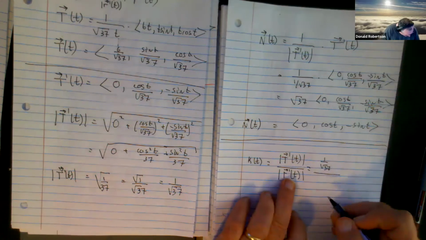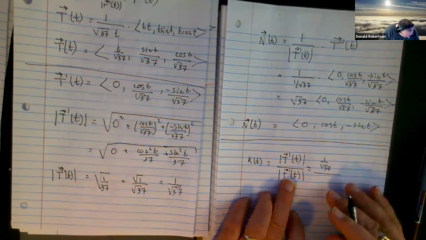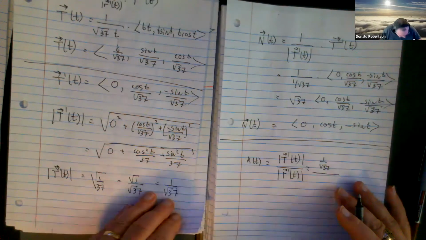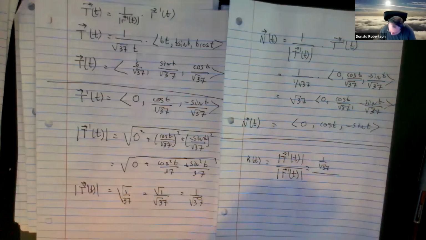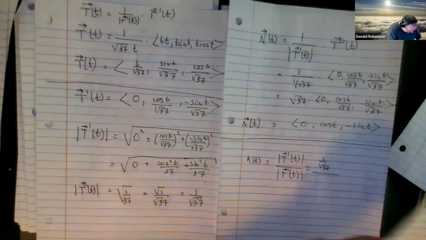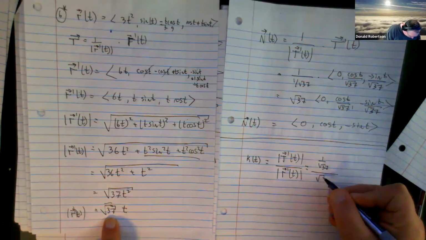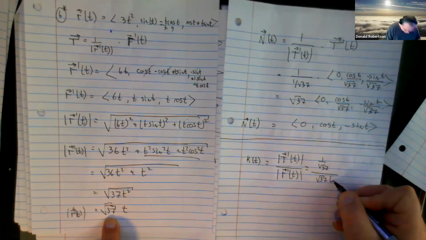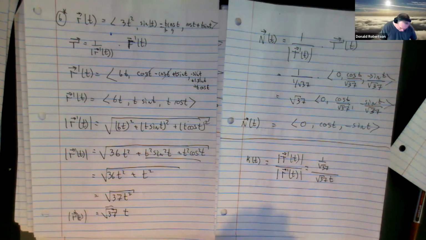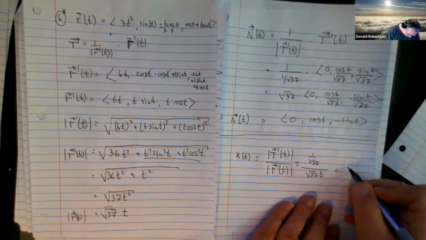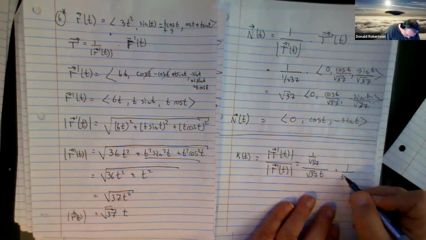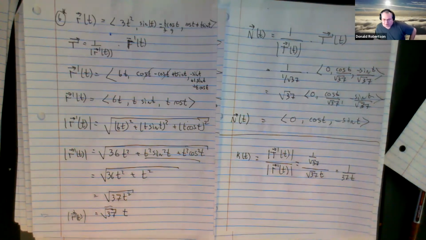And the r dashed guy, what was the magnitude of the r dash guy? And the magnitude of the r dash guy was the square root of 37t. So I'm just going to make this a little bit prettier by bringing that downstairs. There's your curvature, 1 over 37t.